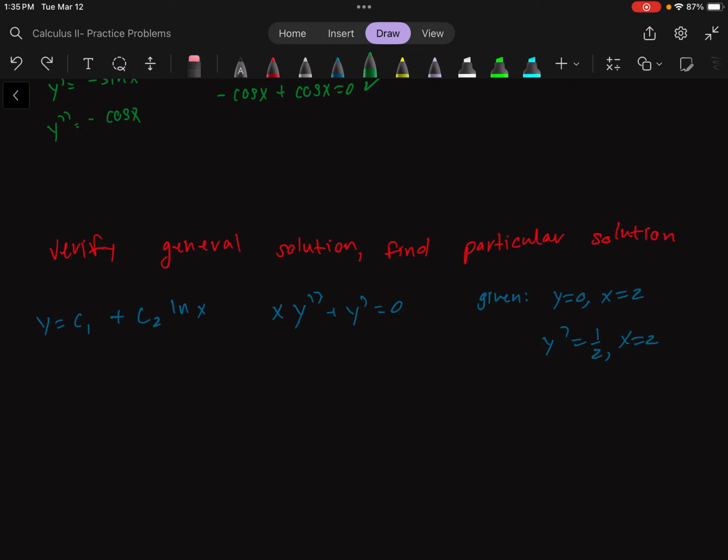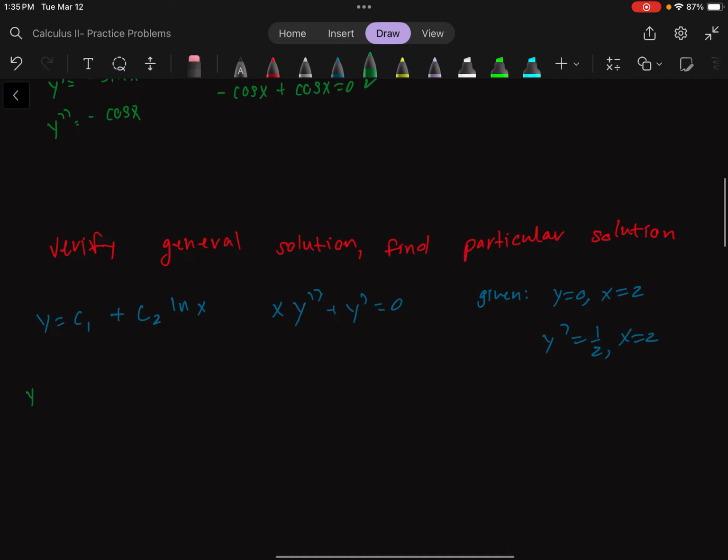So what is y prime? Well, the derivative of that c1 is just 0. It's just a constant. The derivative of c2 ln x is c2 over x. y double prime is going to become negative c2 over x squared. And you can check that, but let's plug it in now.